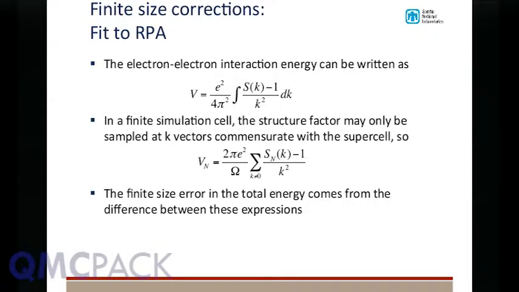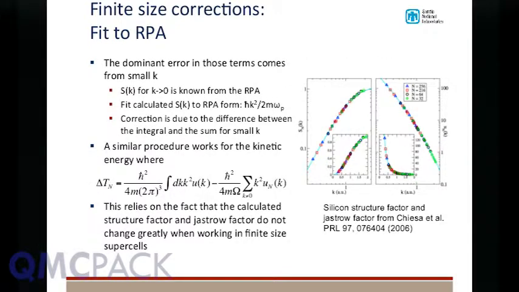So the finite size error, in one way of thinking of this, comes from the fact that I'm approximating an integral with a sum, right? And this sum isn't going to be particularly well resolved near k equals 0. So this is the long wavelength limit. The dominant error in doing this, again, comes from k going to 0.